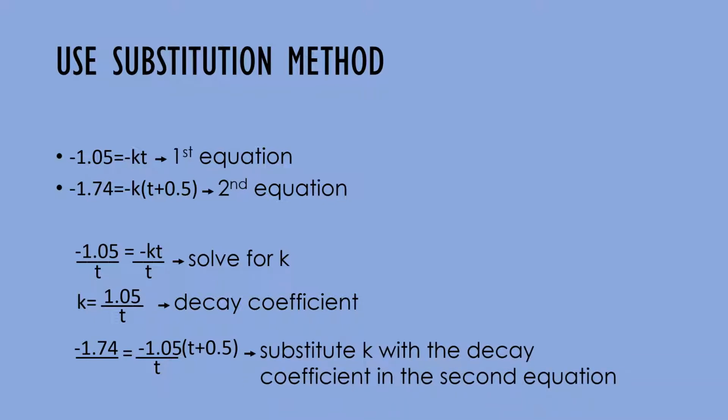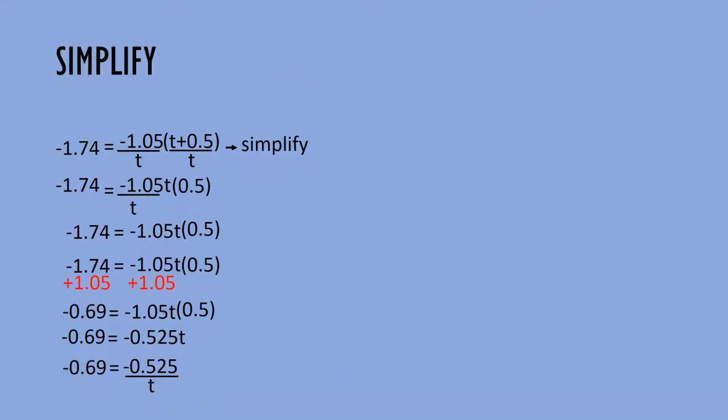Once we have that, we can simplify. So we can proceed to divide both sides by T to isolate one. That gives us negative 1.74 equals negative 1.05 plus negative 1.05 times 0.5 over T. And to get rid of one term, we add 1.05 to one side, and we also add it to the other side. That leaves us with negative 0.69 equals negative 1.05 times 0.5 over T.